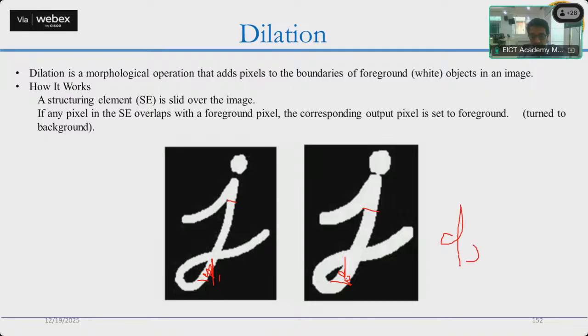So remember, D2 is necessarily greater than D1. That is what we are saying here. That is the dilation, that this white part has been increased.